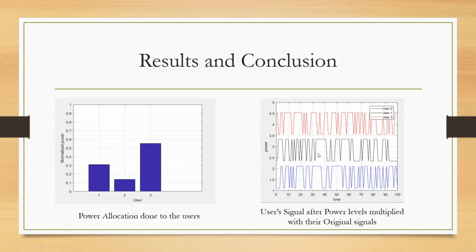In the right side picture, these are the different signals generated for each user. This is user one, which is somewhere in the middle. It got its power allocated, then user two and user three.